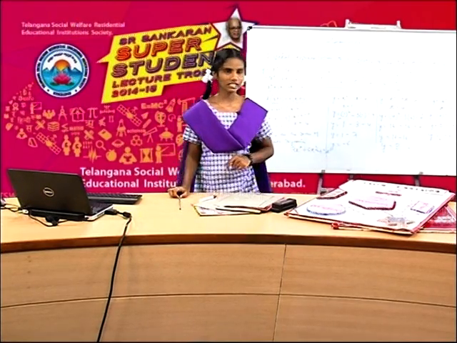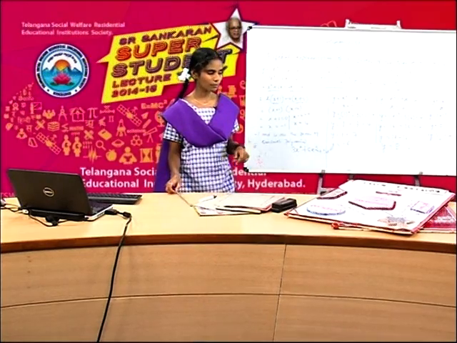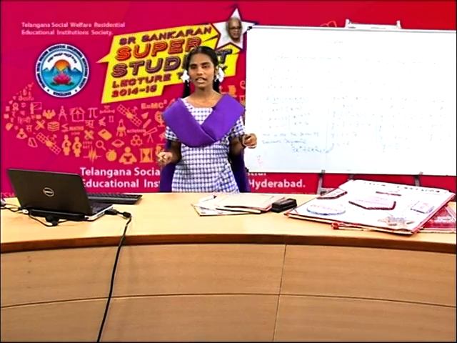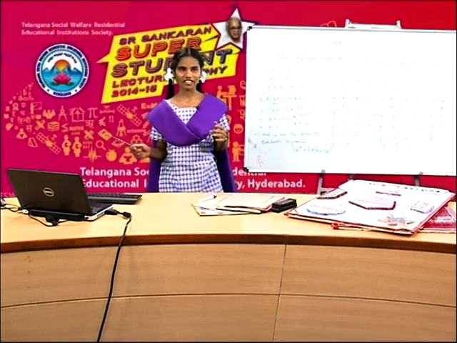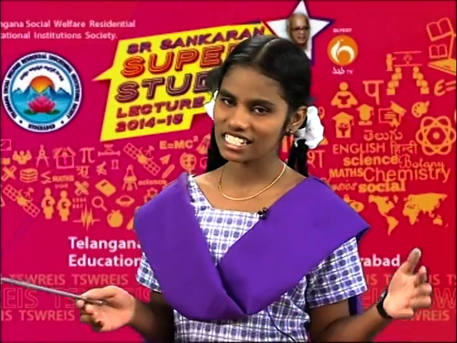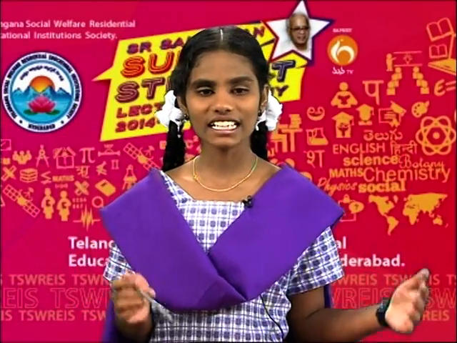For example, 2x power 2 plus 3x plus 7 is a quadratic polynomial. The general form of a quadratic polynomial is ax square plus bx plus c.